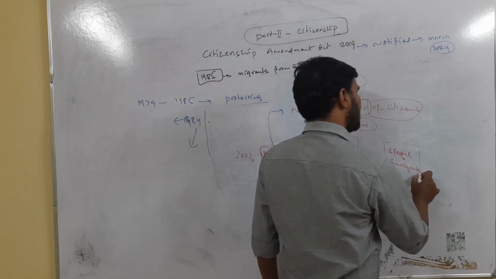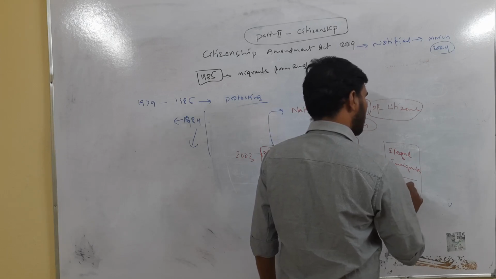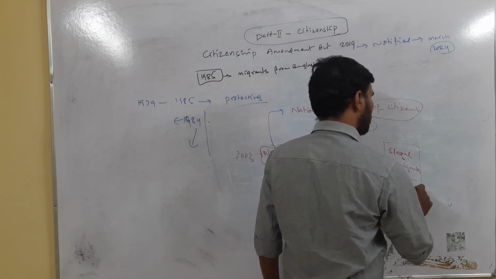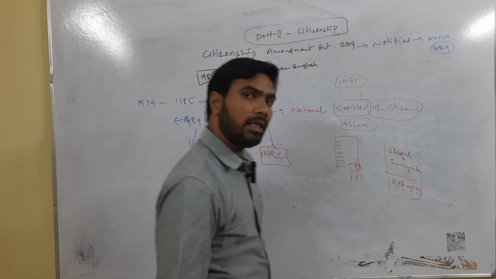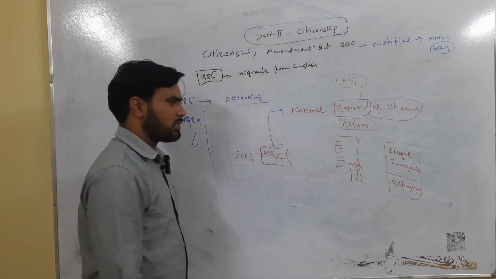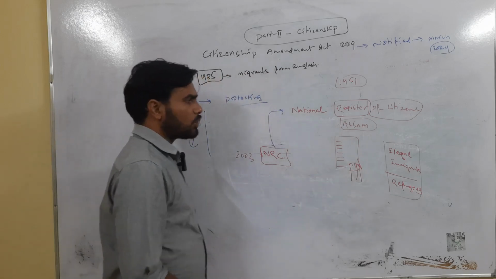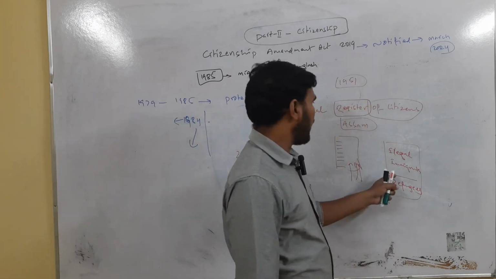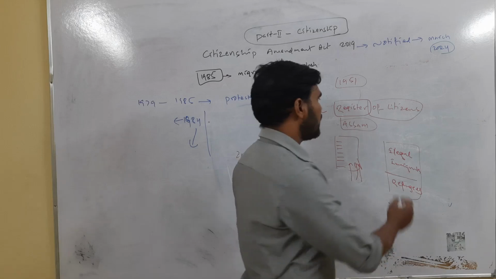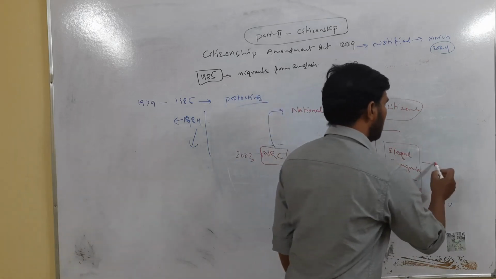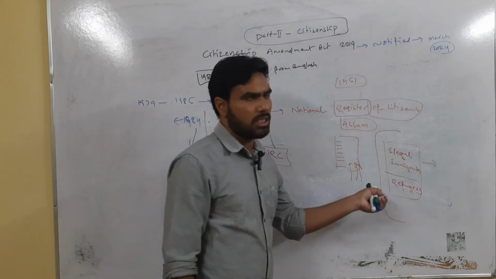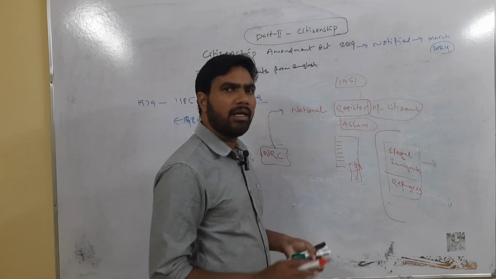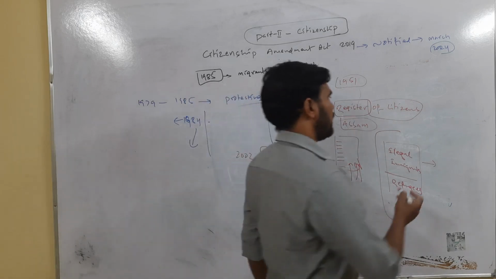And the second category is maybe refugees, because they also do not have citizenship. So these people will not find a place in the NRC. Then it is believed that the people who are not citizens, their names will be identified and they will be detained.